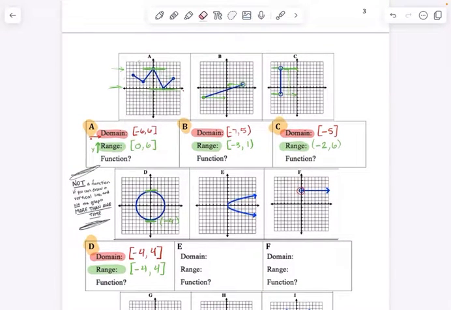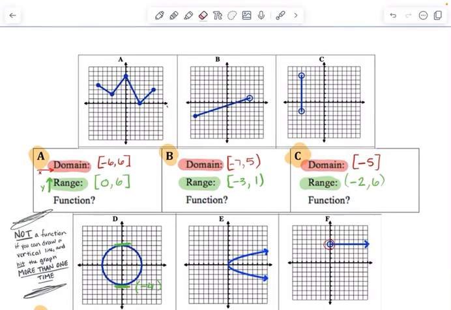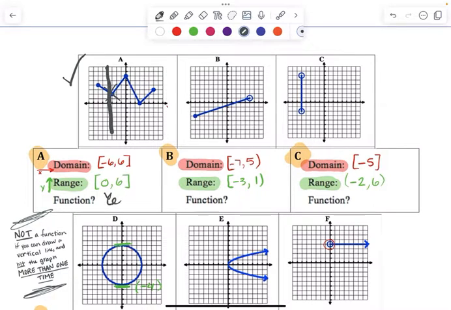So if we look at example A, when you guys draw that vertical line, draw it down, it only hits one time. So that is good. So that would be a function. Example B, draw a vertical line, only hits once, good.